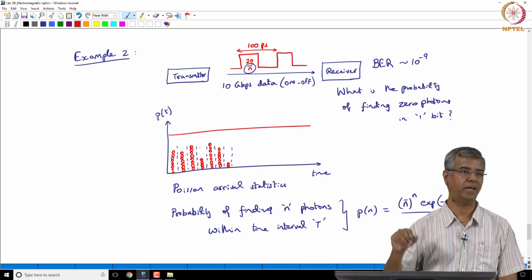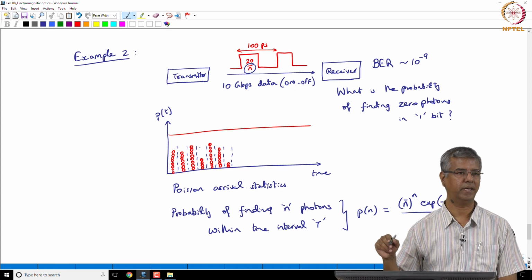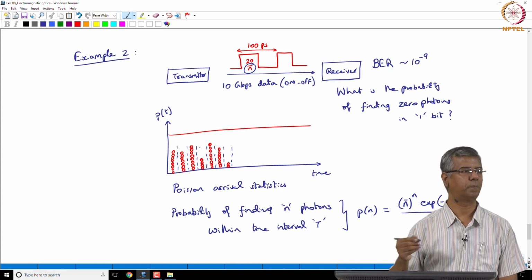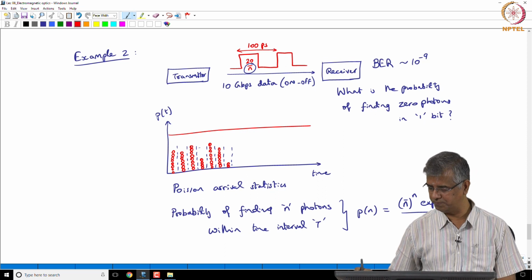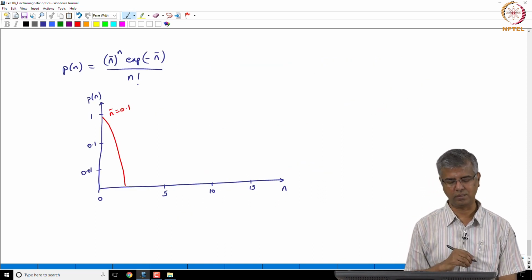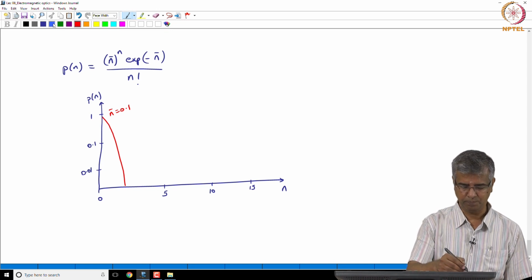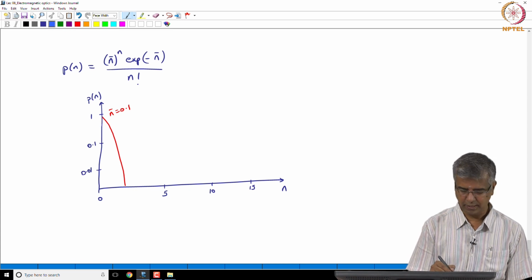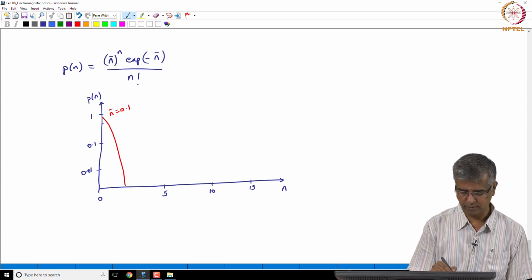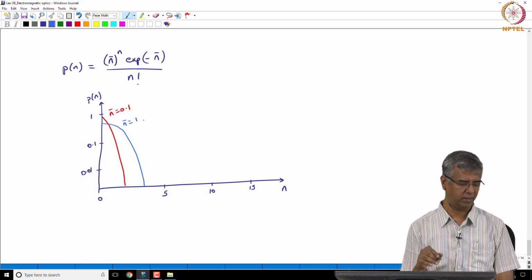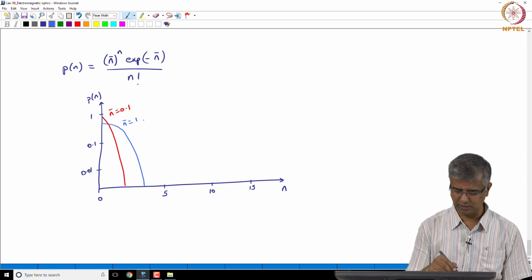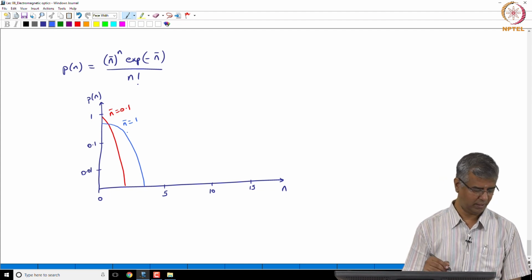So there you have n bar of 20, and you are asked to figure out the probability that you find 0 photons in that time slot. If we work further, and I choose a different color, n bar of 1 is going to look like this. I am just giving you a general perspective, do not pay too much attention to the specific numbers here.